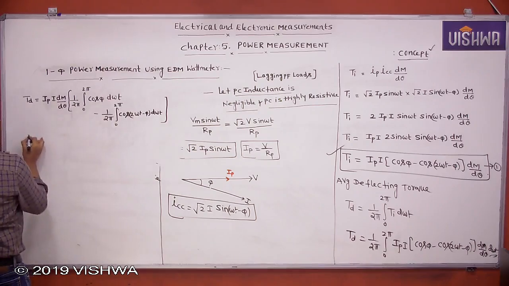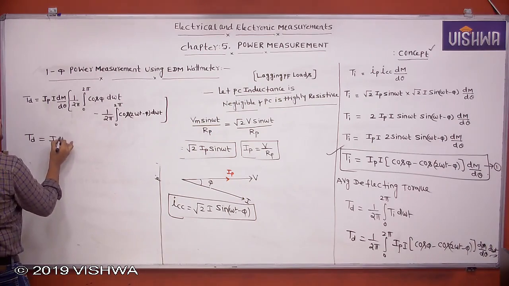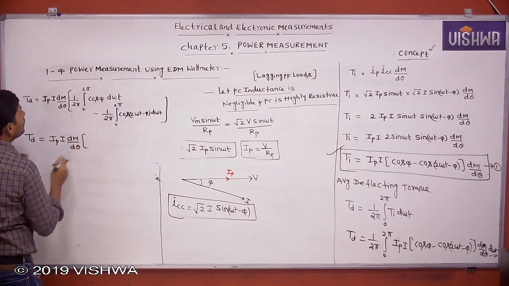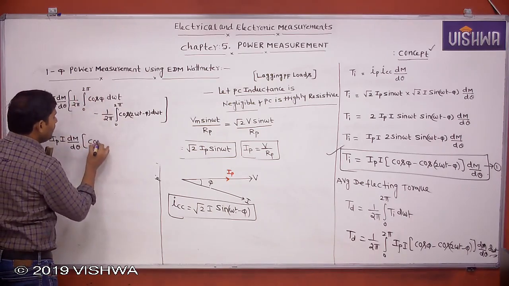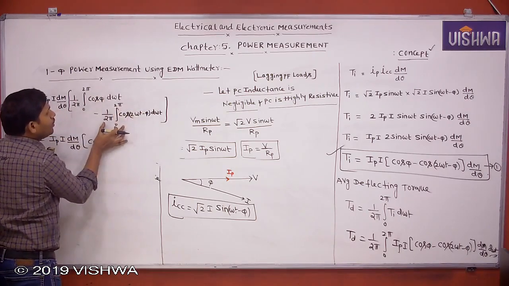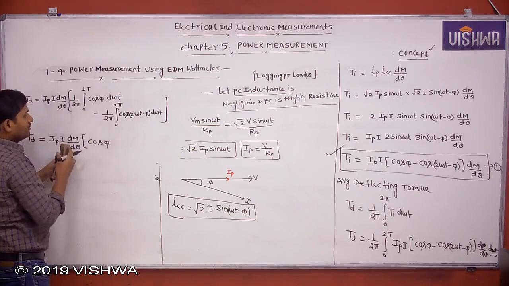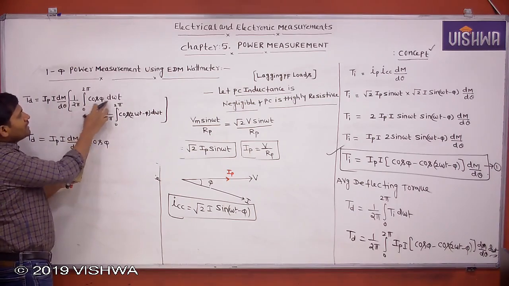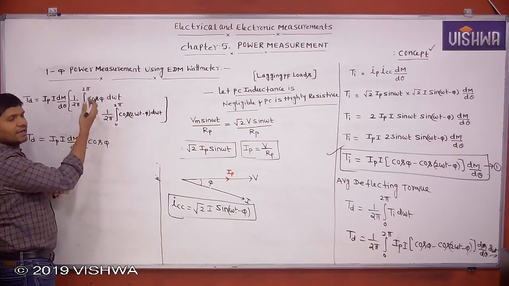Okay, I am writing that expression separately. Then what is the average deflecting torque? TD equals Ip into I into dM by d theta into this. Integrate and substitute the limits. Cos phi is constant, and the integration of a constant with respect to d omega t is omega t.